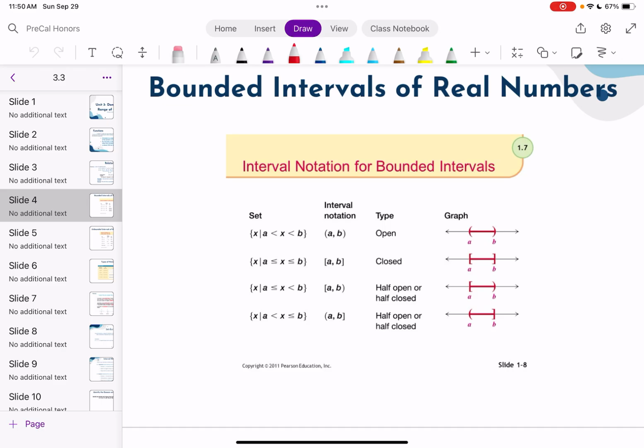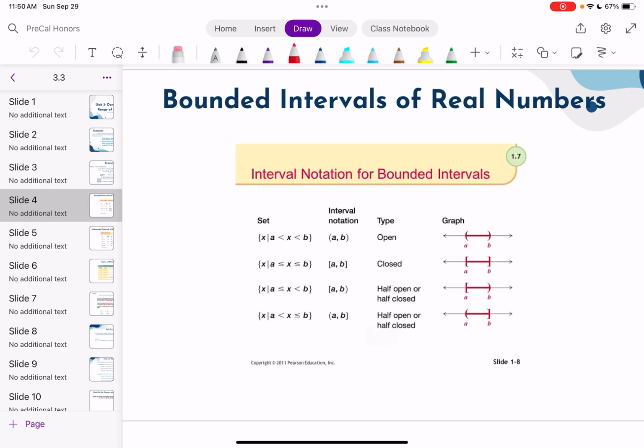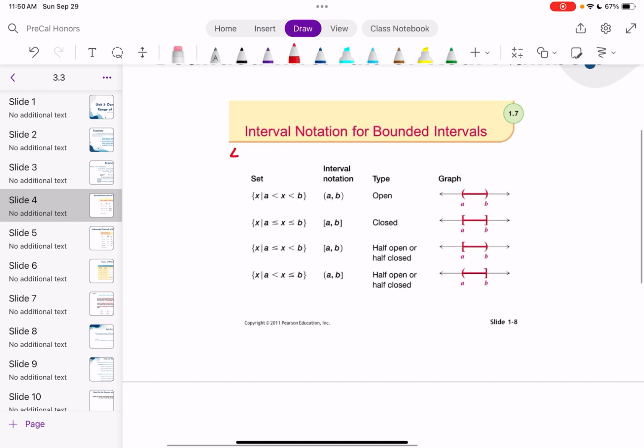So in our set notation, you can see x such that a is less than x, which is less than b. The most important thing to realize is that anytime we are working with set notation, we will be working it with inequalities, meaning we will be working with our less than and greater than sign, or less than or equal to, or greater than or equal to signs.